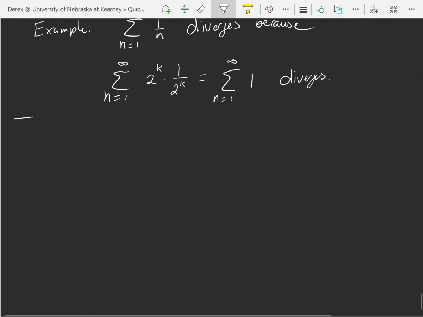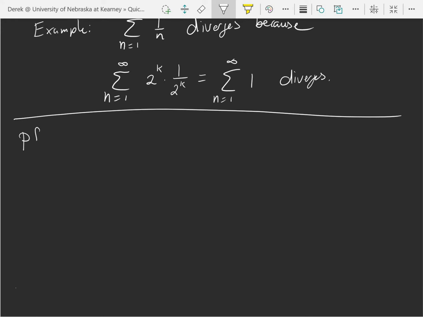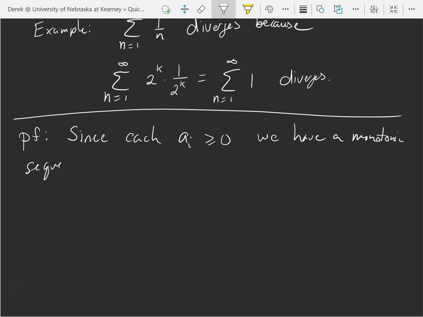So let's prove this. Since each a sub i is bigger than or equal to 0, we have a monotonic sequence of partial sums.